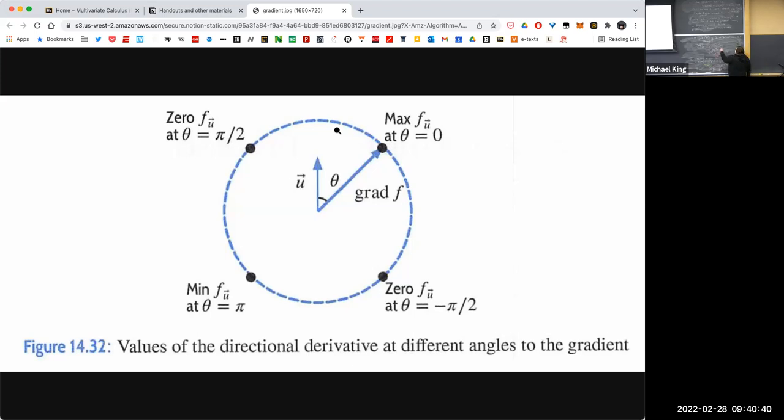So the red arrows are gradient arrows at every point, perpendicular to the contours.